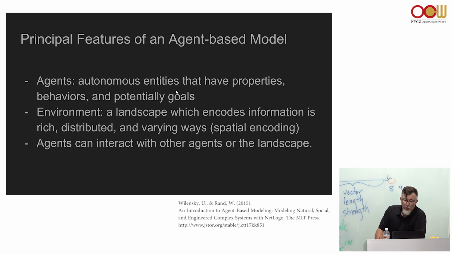moving around in the world, acting on the basis of their properties, the variables we were talking about here, the rules of their conduct, and sometimes you give these agents goals. You'll tell them, hey, I want you to accomplish this. You figure out how to do it.